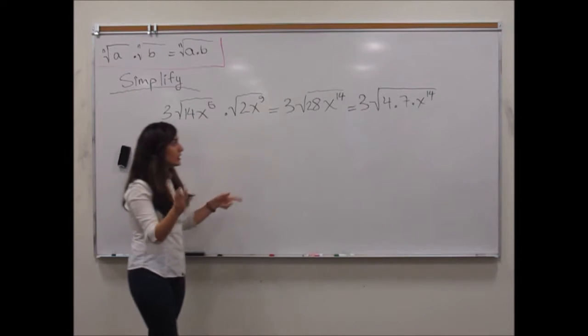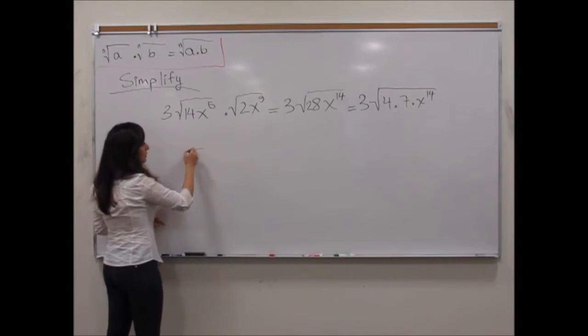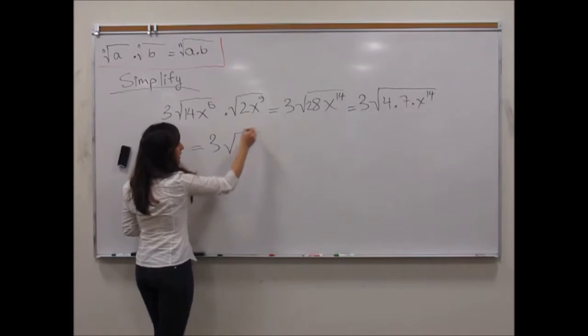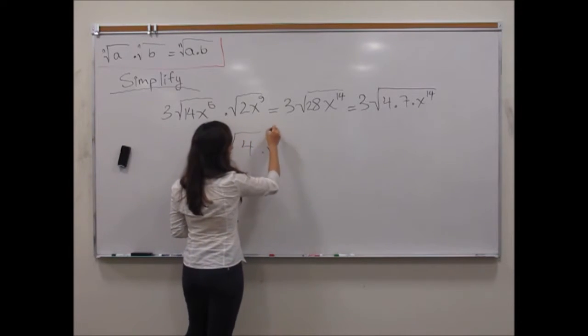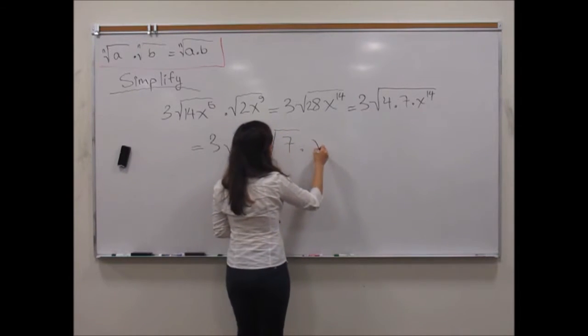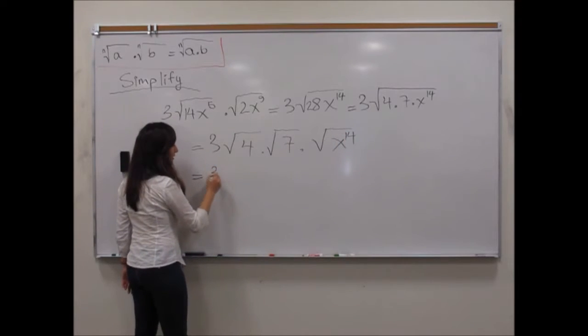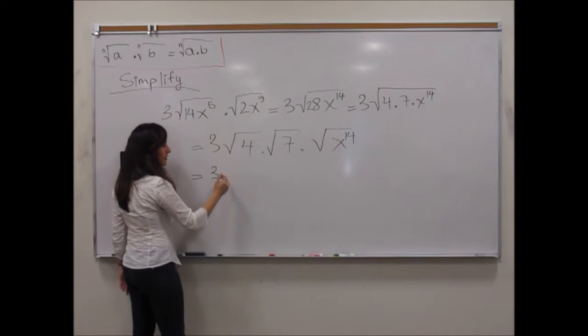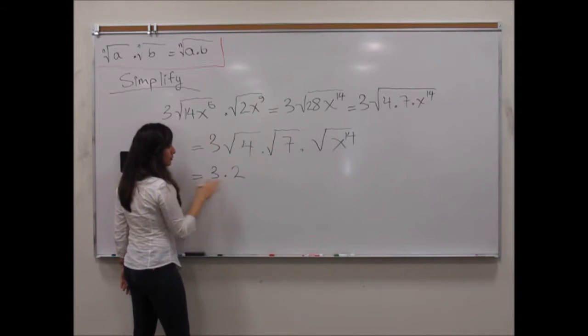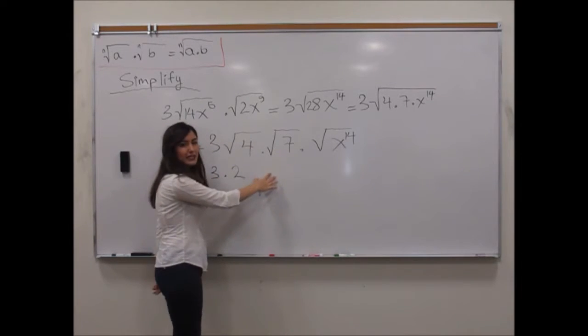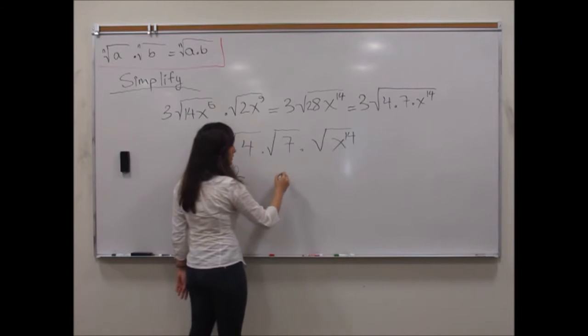And then I can break down that big radical to 3 times rad 4 times rad 7 times rad x to the 14th. Here I keep the 3, and 4 is a perfect square, and it's 2, so 3 times 2. This rad 7 I can't simplify, so I just keep it the way it is.